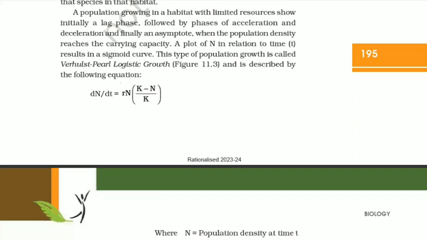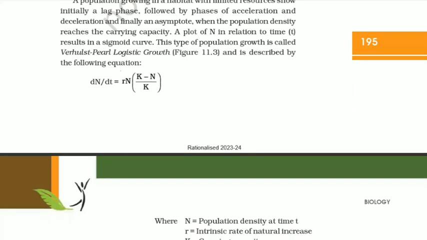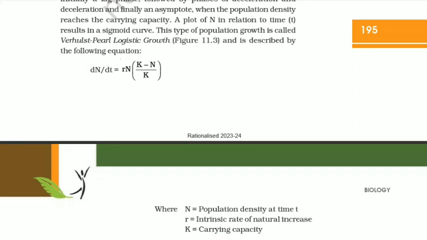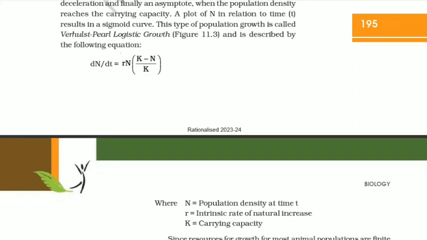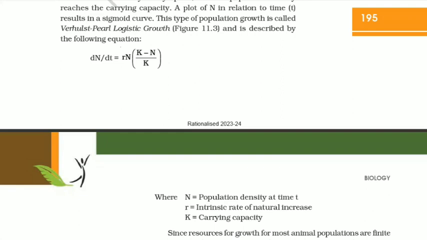A population growing in a habitat with limited resources shows initially a lag phase, followed by a phase of acceleration and deceleration, and finally an asymptote. When the population density reaches the carrying capacity, a plot of N in relation to time results in a sigmoid curve.